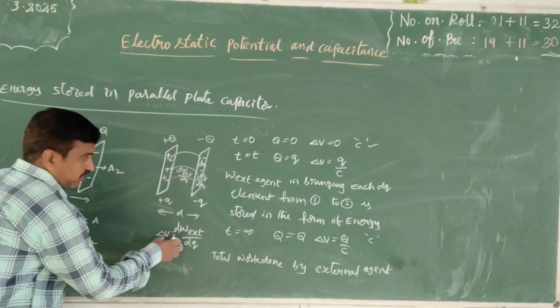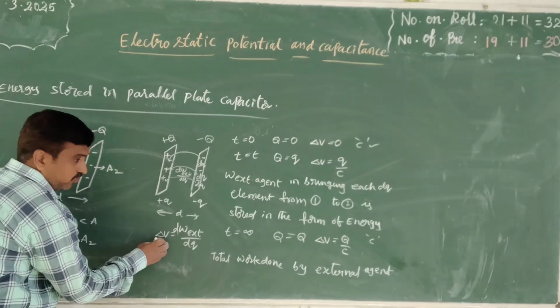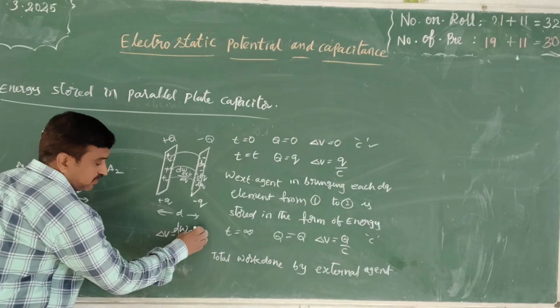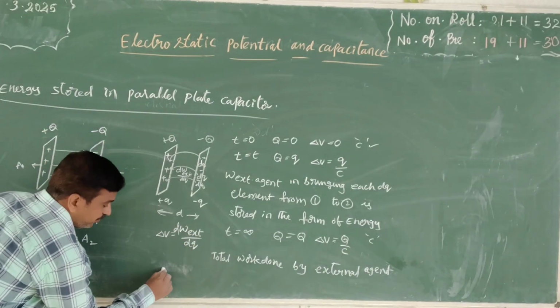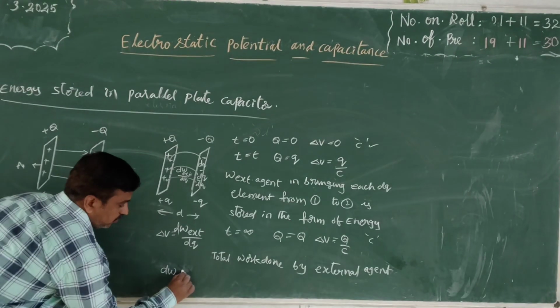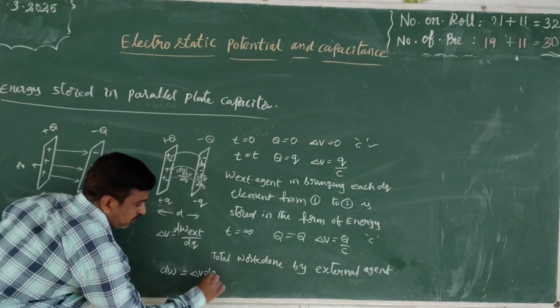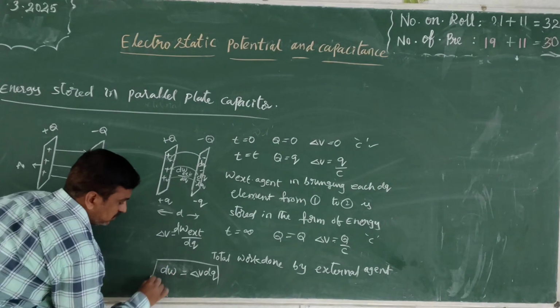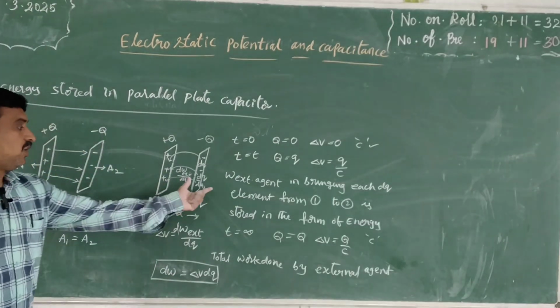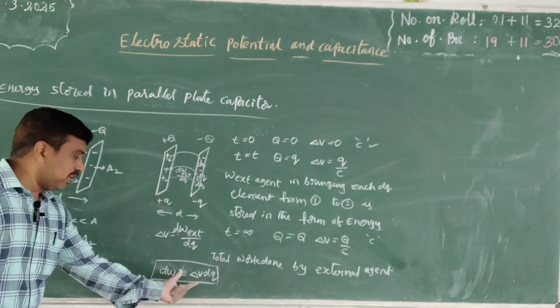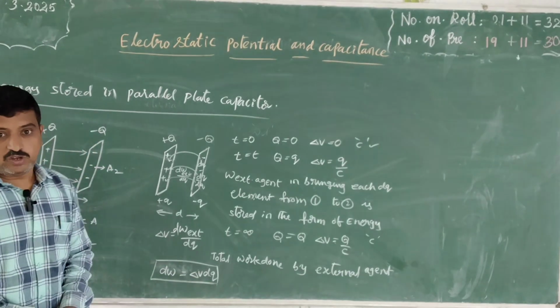First, delta V equals dW by external agent divided by dq. From that, dW equals delta V into dq. So for taking each charge from this plate to the other plate, the work done is delta V into dq.